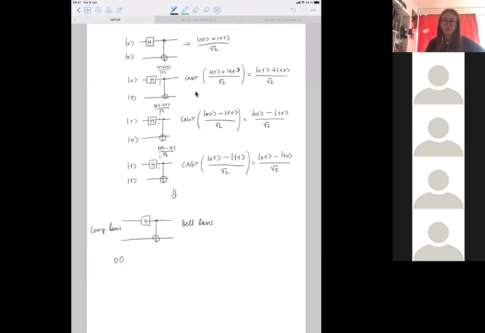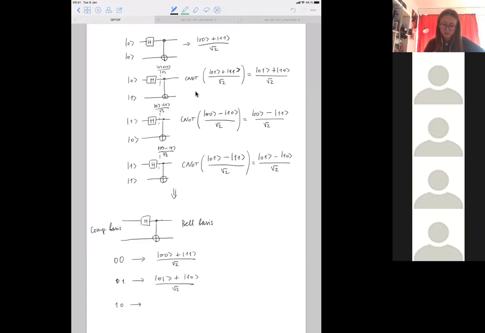Each combination of the qubits in the computational basis corresponds to a Bell state. So for example, 0,0 corresponds to 0,0 plus 1,1 over square root of 2.